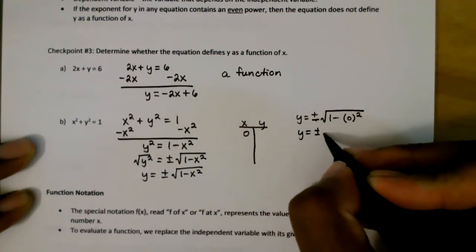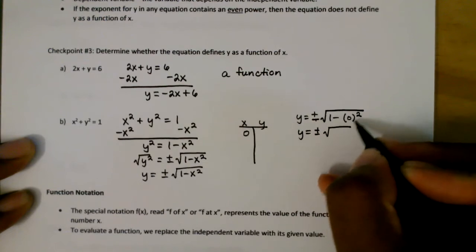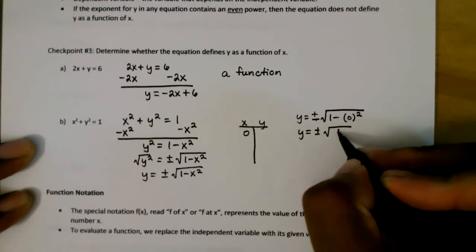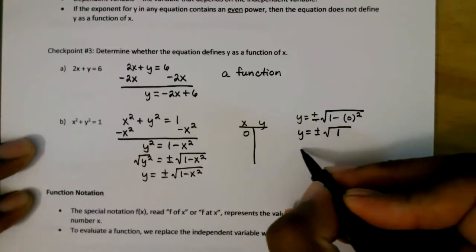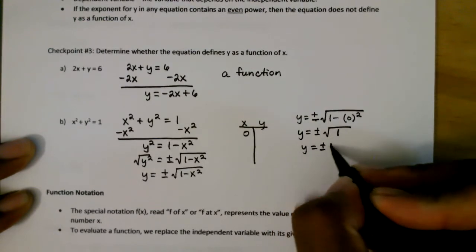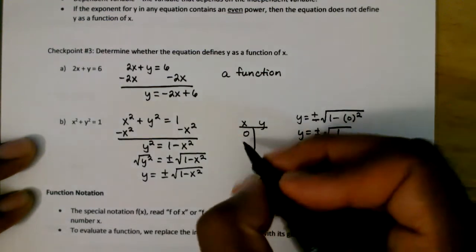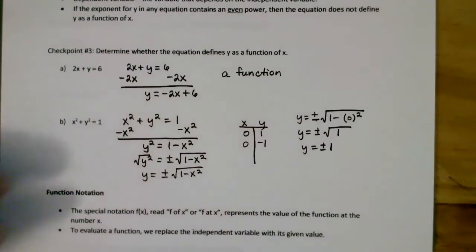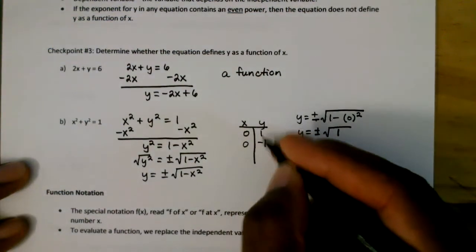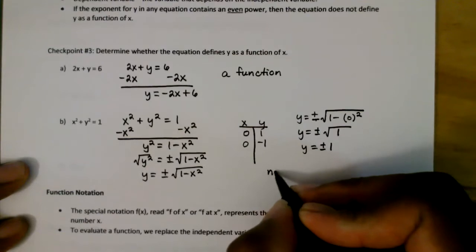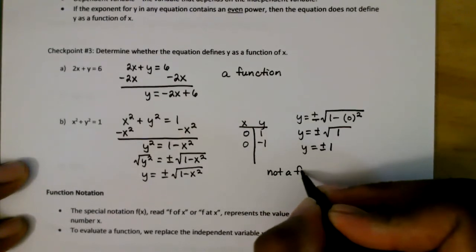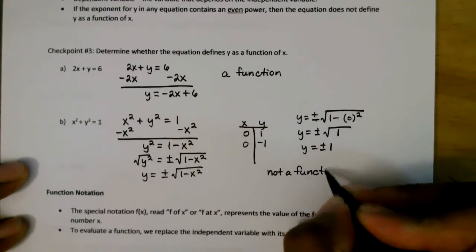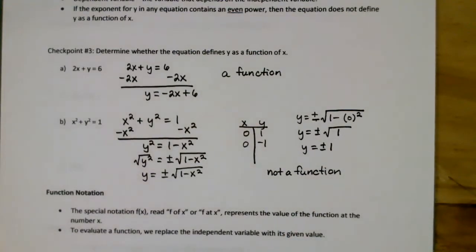So y is equal to plus or minus, 0 squared is 0, 1 minus 0 is 1, and the square root of 1 will be 1. So my y value is going to be plus or minus 1. So at 0, I'm going to have two y values, positive 1 and negative 1. Okay, so I got an x with two y values. That means this equation is not a function. Not a function.